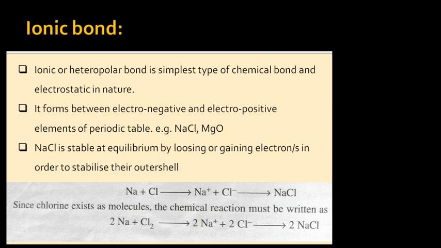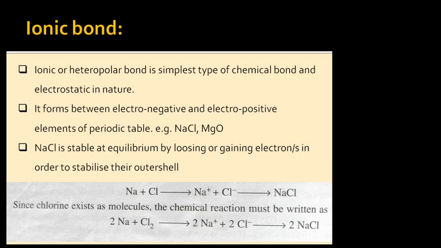This suggests that the primary bonds are definitely stronger than the secondary bonds, and it is so. In more detail, the primary bond is further categorized into three varieties: the first is the ionic bond, the second is the covalent bond, and the third is the metallic bond.